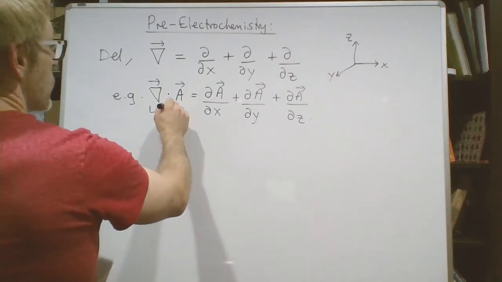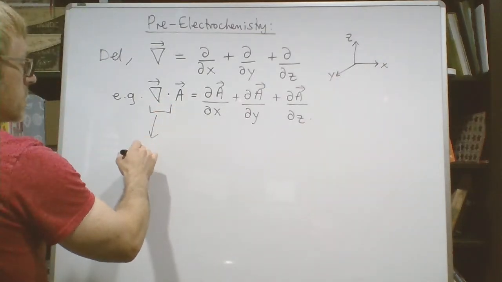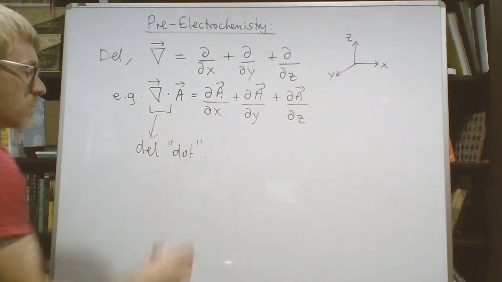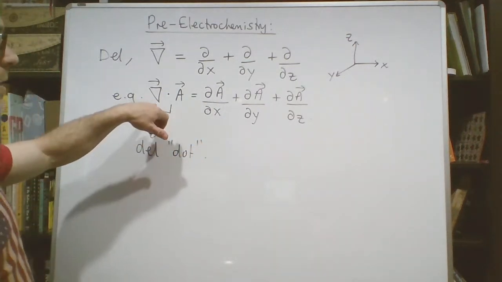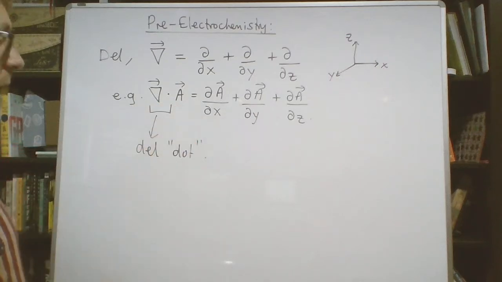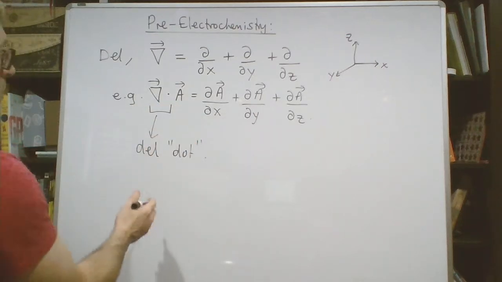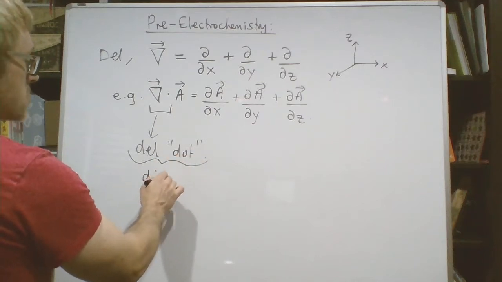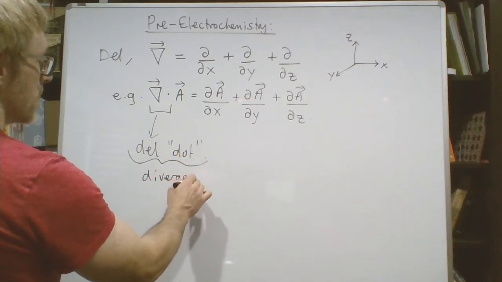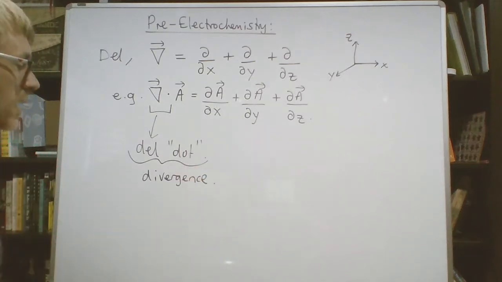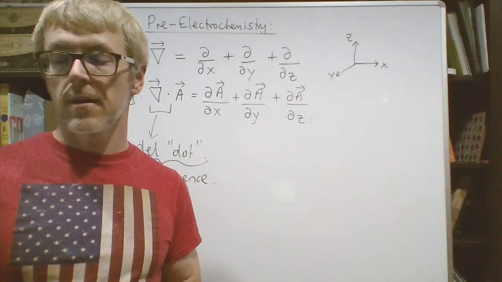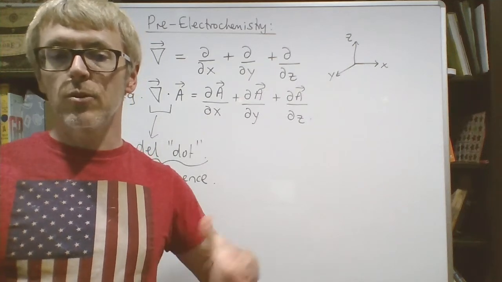At this stage, I want to point out that we have del dot. So we're taking the dot product between del and this vector A. So we say del dot, and del dot is called the divergence. As you can imagine from the word, divergence means something is being produced from a source.